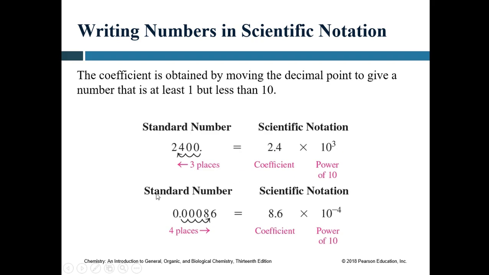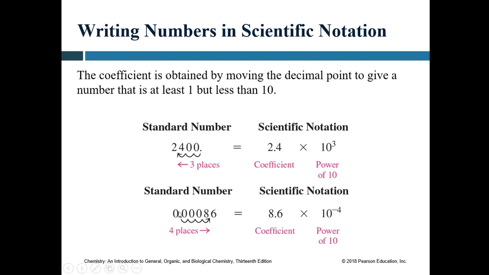Now, if we have this itty bitty number, 0.00086, how do we put that in scientific notation? We still have to have one number to the left of the decimal, and then we'll figure out what the exponent, the power of 10, needs to be.